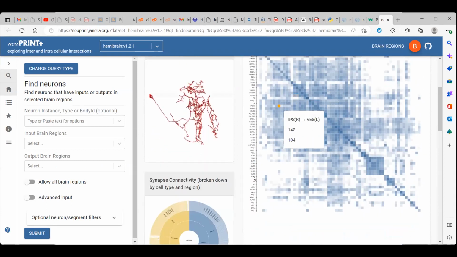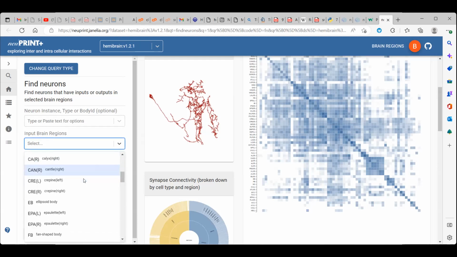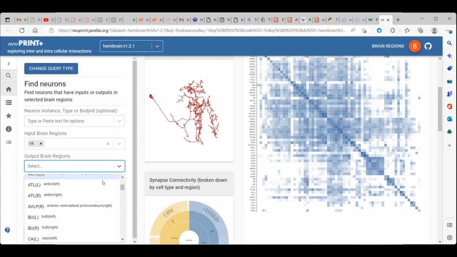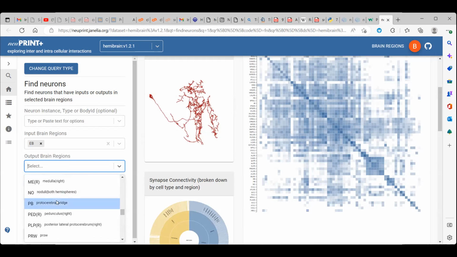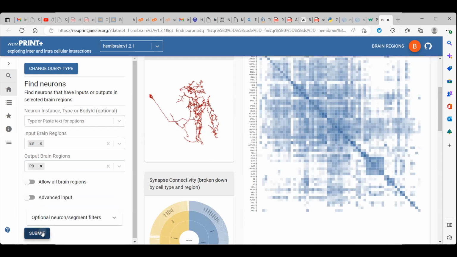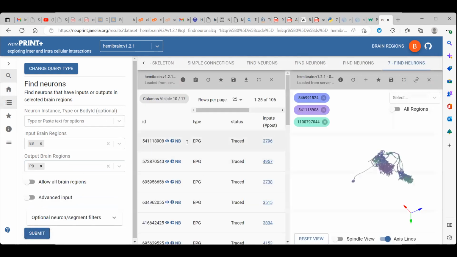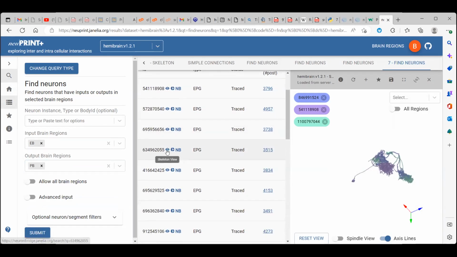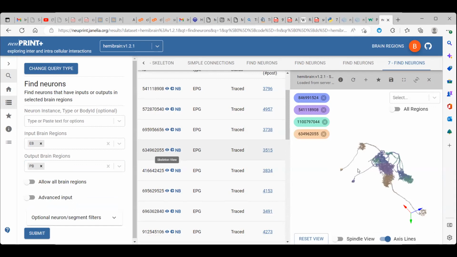For example, we spoke about EPG and H delta B. If I go from the ellipsoid body toward the protocerebral bridge, I submit here, and I can see the EPG neurons appearing here, and I can visualize one.